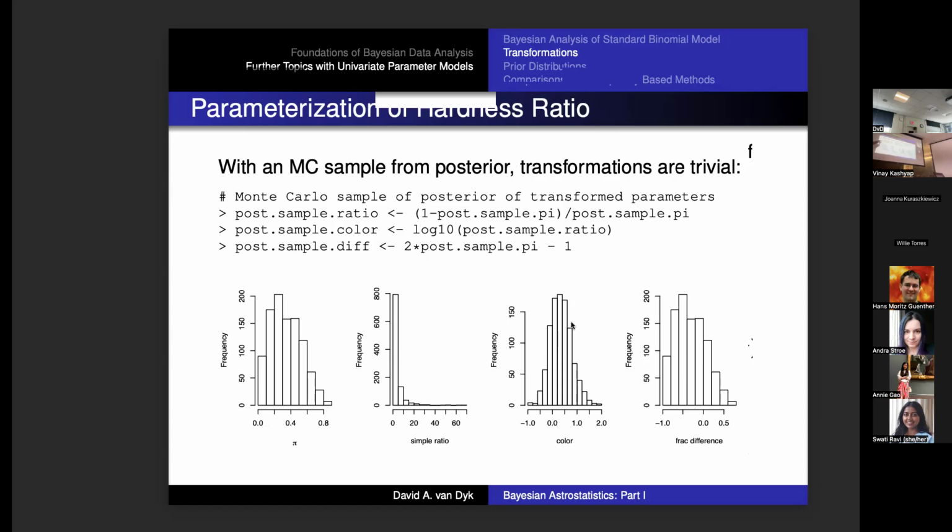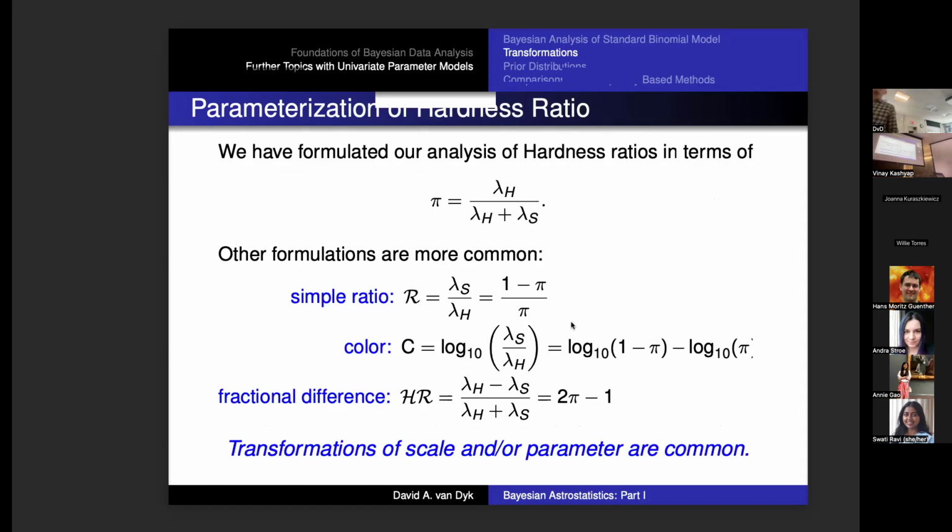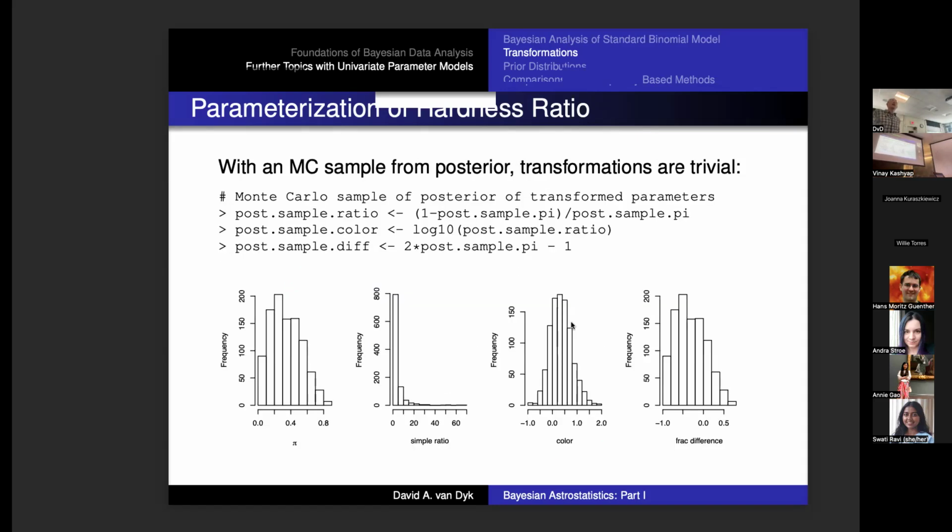To get the simple ratio, I just compute 1 minus this divided by this, exactly the functional form of this other parameterization. I'm just applying that transformation to pi to get the posterior distribution of the simple ratio, and the same for color and fractional difference.